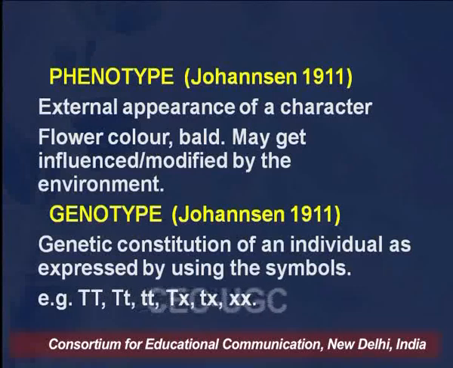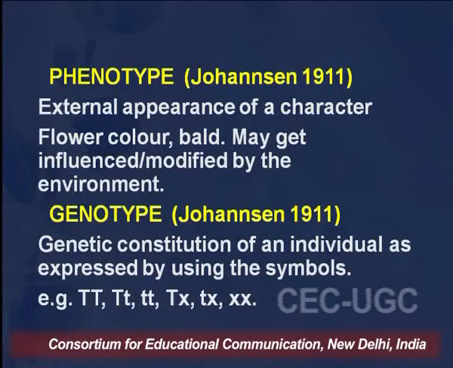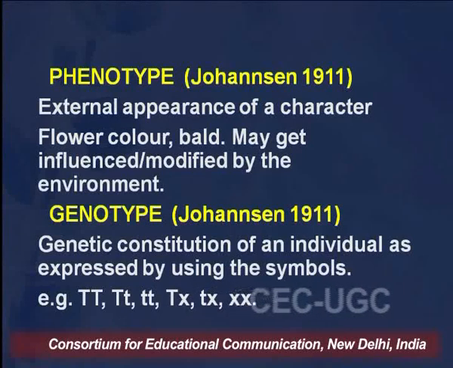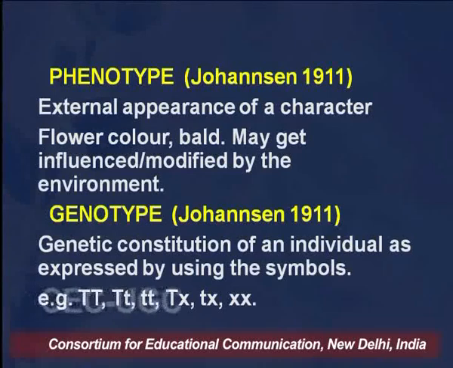He said that we describe the external appearance of a character. We see a plant having a flower color, a person who is bald, a person who is tall, a person who is short, a plant which has red flowers or white flowers. So we are only describing the external appearance of a character, that is, what the flower color is and what the texture of the head is, and so on.